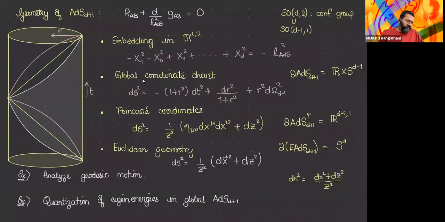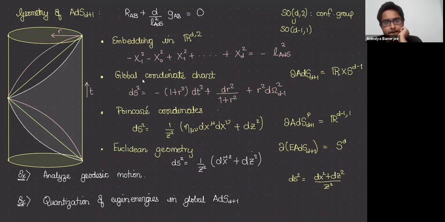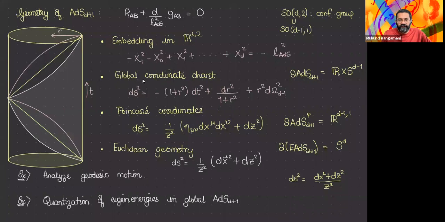So oftentimes, most calculations that many people do, we study correlators, for example, in Minkowski space, in which case you might as well study the discussion in Poincare coordinates. But for some questions, it's nice to study the dilatation generator, and then you should just work with the global coordinate chart. Geometrically, the global coordinates cover the entire Lorentzian spacetime. The Poincare coordinates don't.